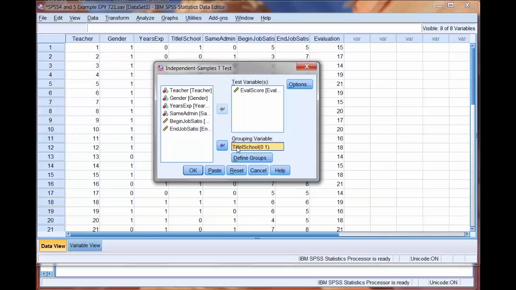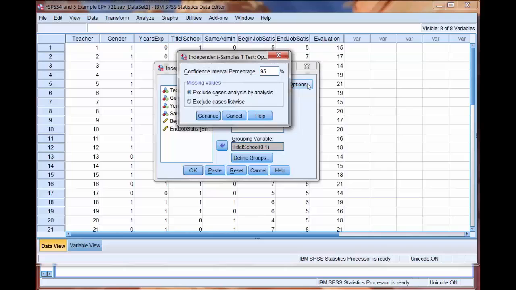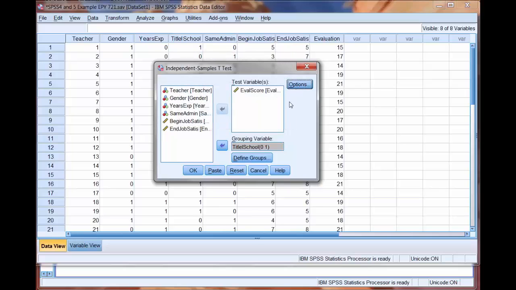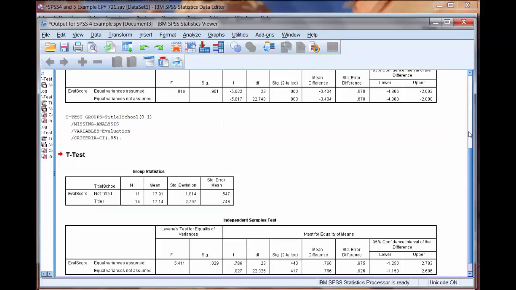So notice I've got my grouping variable filled in, my dependent variable hasn't changed, and once again my confidence interval hasn't changed. I'm still staying with an alpha of 0.05. So I'm ready to go. I click OK, and SPSS does its magic.